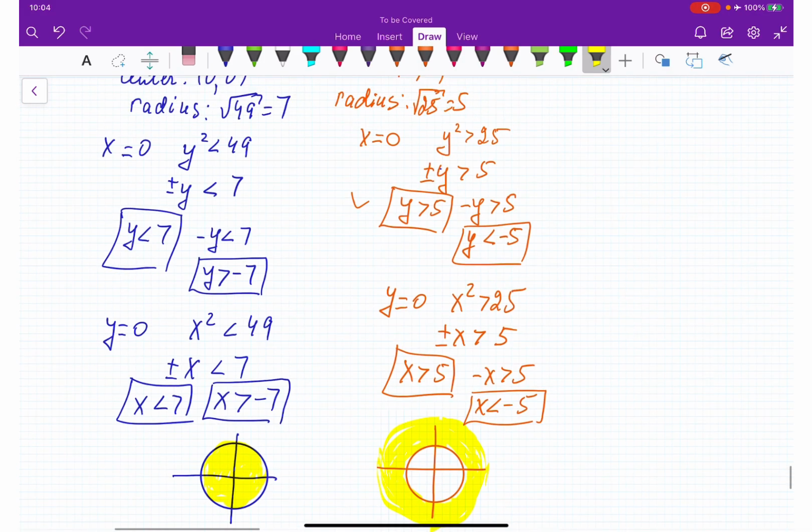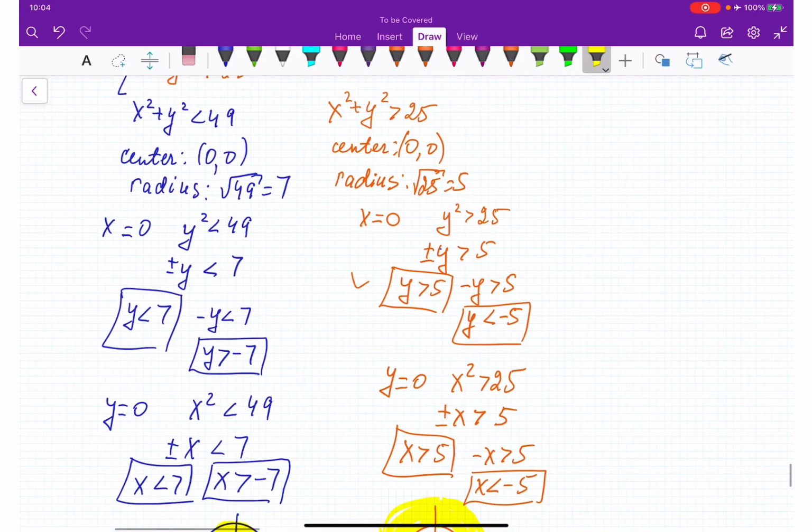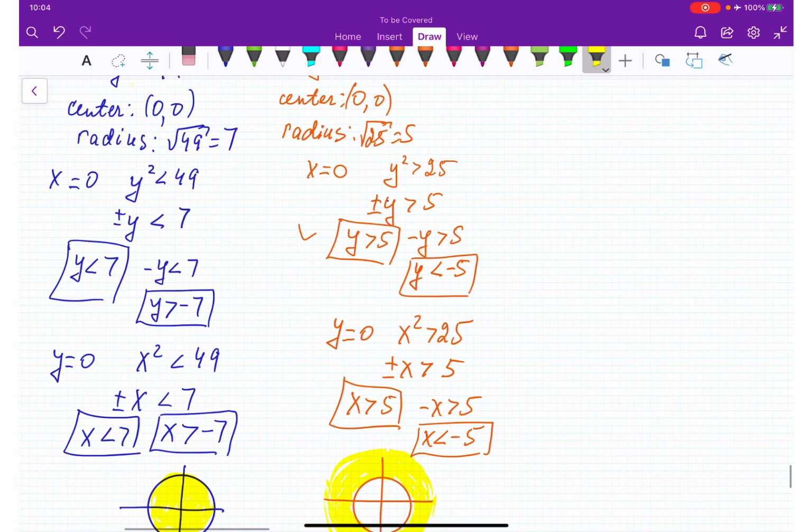Therefore, now let's build our true graph and see what we're going to get.